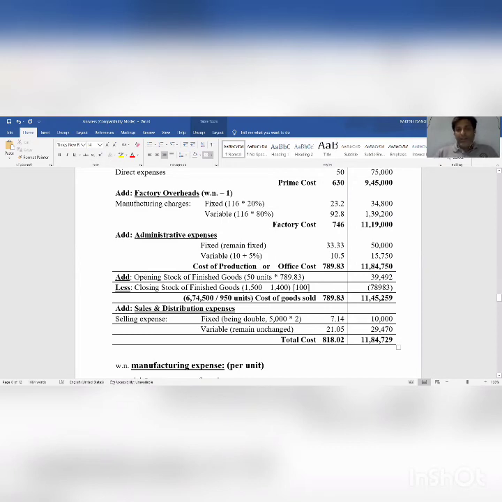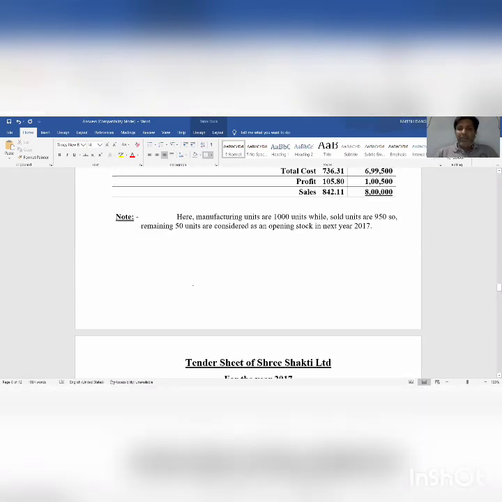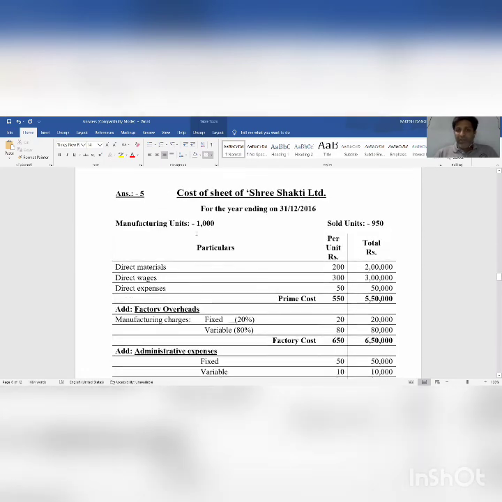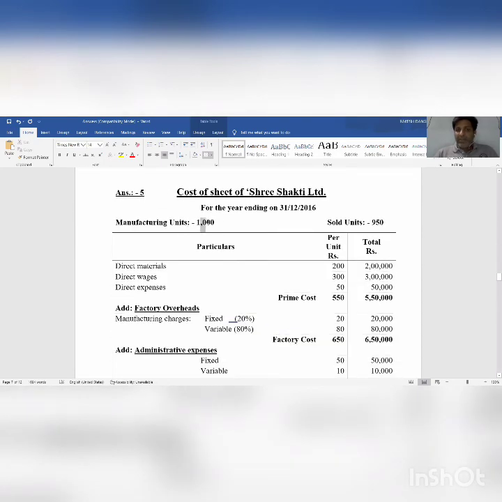Then we have to add opening stock of finished goods and less closing stock of finished goods. In 2016, there was manufacturing of 1000 units and sale of 950 units. We already discussed this above. Like this, here manufacturing units 1000 and sales units 950.